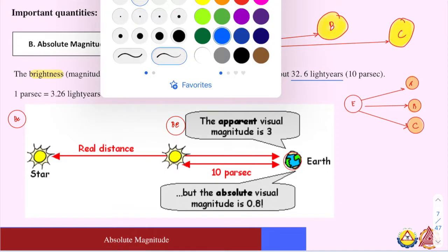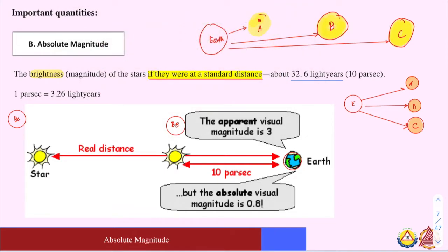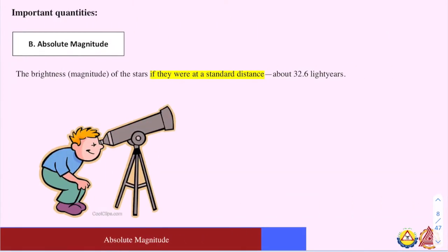Remember my analogy that it's just like ranking students' height by making them align. In this case, we are ranking the stars' brightness by aligning them at a distance of 32.6 light years. But of course, we can't move them, so we simulate based on our existing data.